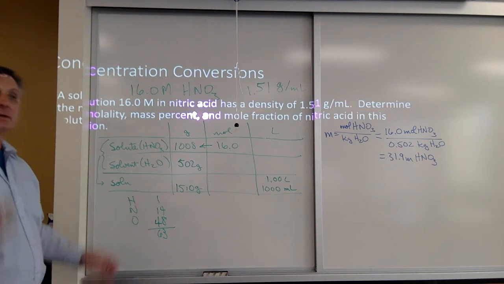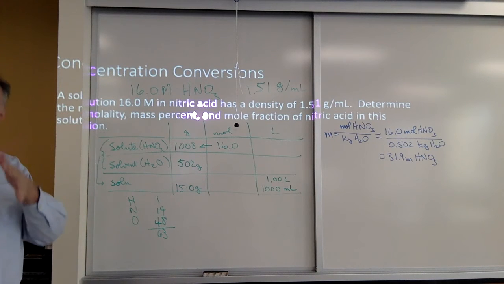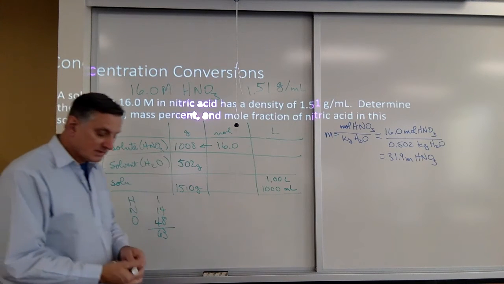Mass percent, grams of solute divided by grams of solution times 100%. It's this divided by this times 100.